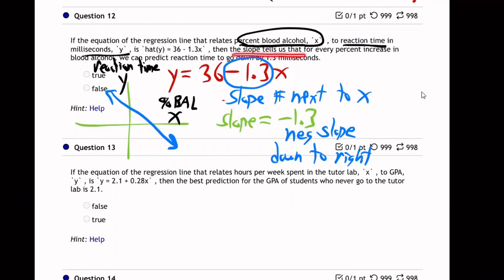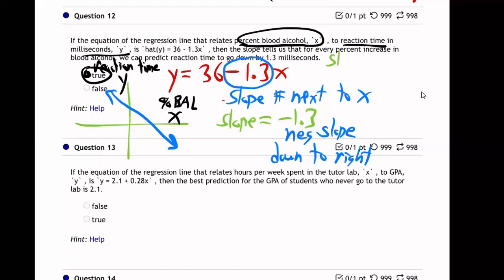So the slope tells us that for every percent increase in blood alcohol, we can predict reaction time to go down by 1.3 milliseconds. That's exactly what that says. How we know that's true is because, remember what slope is? Slope is rise over run.